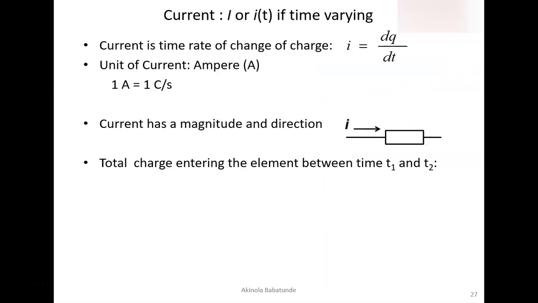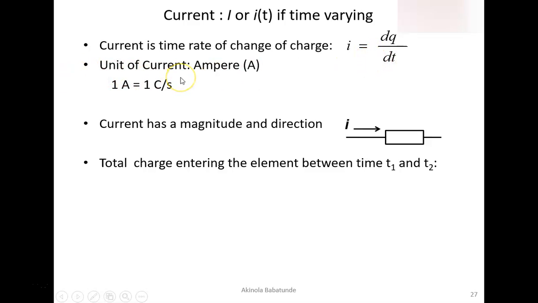Let's quickly talk about the current. The current is represented with I when the time is constant, or I of t when the time varies. Current is defined as the time rate of change of charge, and it is given as dq/dt, where dq represents the charge and dt represents the time.